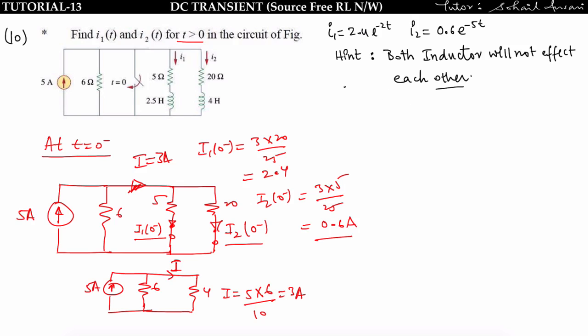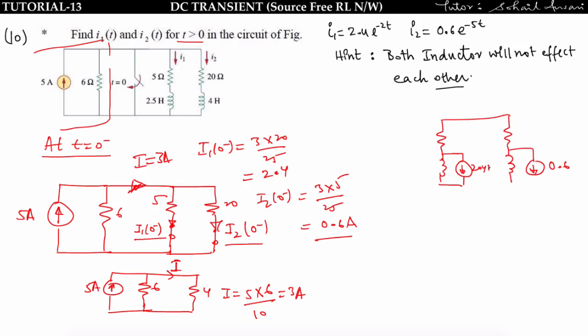So I have already explained you, for t greater than 0 you have to replace the inductor by its equivalent. Okay, now replace this inductor by equivalent, and the source has been removed because at t is equal to 0 this switch is closed. So the circuit will look like this. This is the equivalent circuit having 0.6 ampere here and 2.4 ampere here, and these two parallel paths are shorted by the switch.